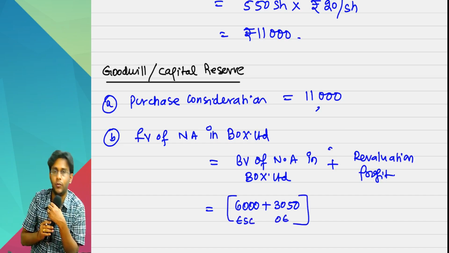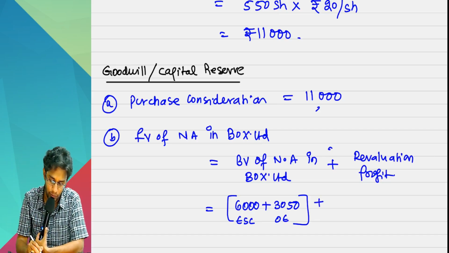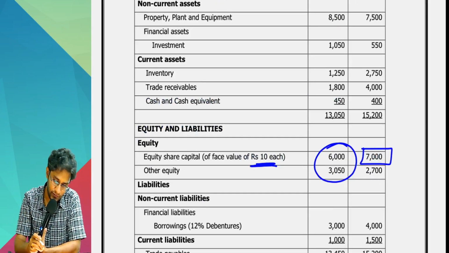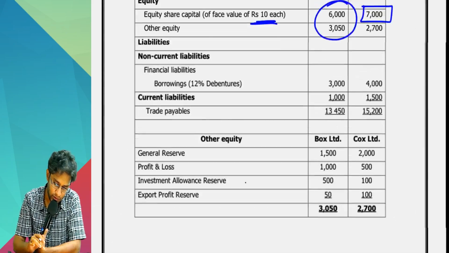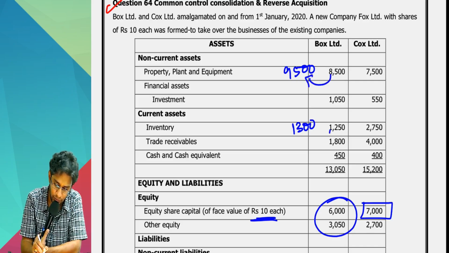If you add these two, automatically they are the assets minus liabilities. That is book value. What I want is fair value. Look towards the end. That fellow gave you some revaluation figures. PP&E 9,500, inventory 1,300. This is 9,500, this is 1,300. So here there is a jump of 1,000, and here there is a jump of 50.